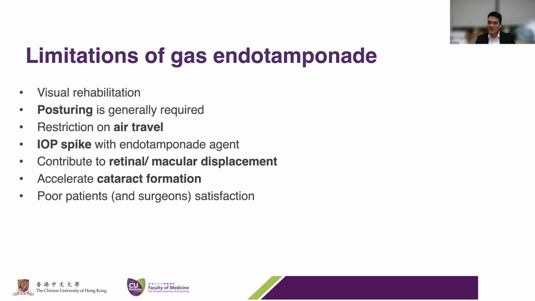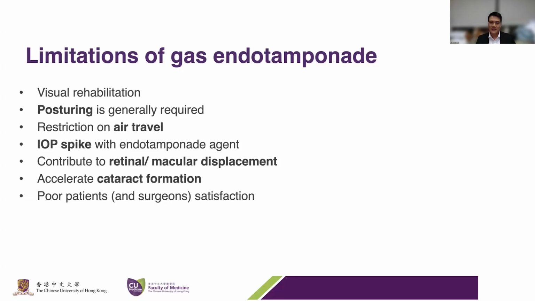Endotamponade agents, gas or silicone oil, can cause IOP spikes, which are generally tolerated in normal patients. However, in patients with pre-existing glaucoma, this is undesirable, particularly in advanced glaucoma patients. Postoperative IOP spikes can cause a wipeout of their remaining vision.